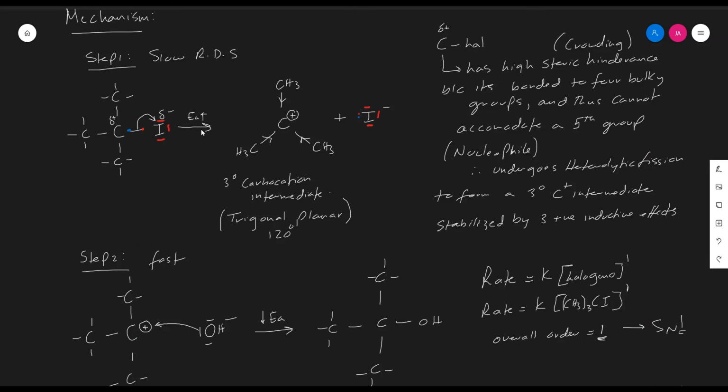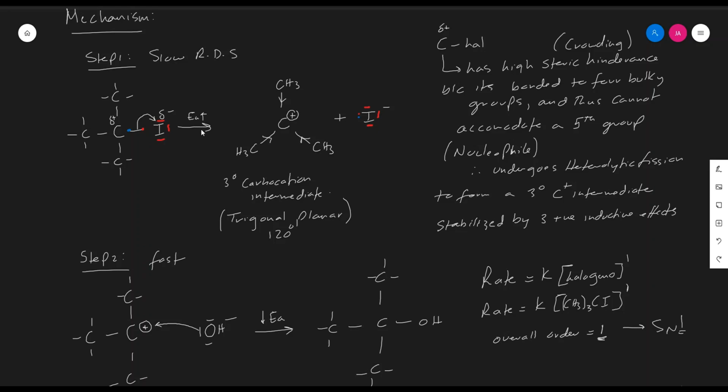Thus, for SN2 mechanisms in the previous video, they have low steric hindrance and thus can accommodate a fifth group, which is the nucleophile. But if it were to undergo heterolytic fission to break off the leaving group, which is the halogen, it would form a primary carbocation intermediate, which is the less stable intermediate because it's stabilized by one positive inductive effect.